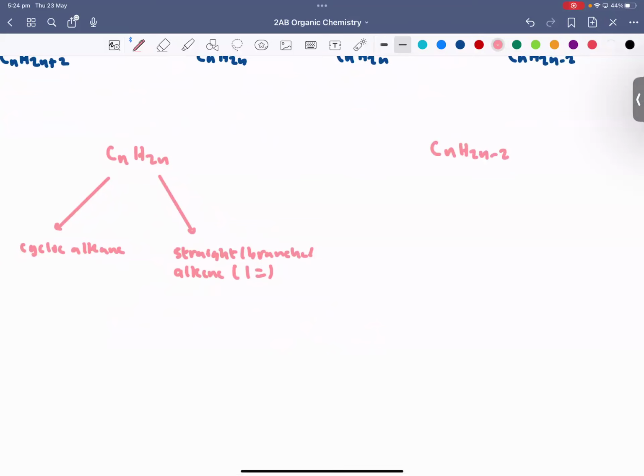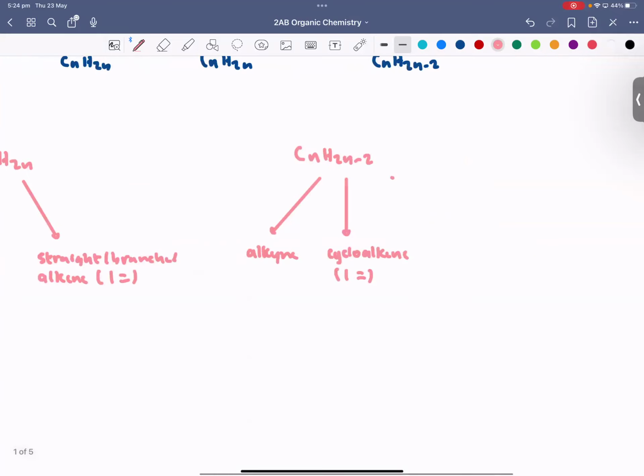So what if someone told you that something is CnH2n-2? What could that be? It could be an alkyne. Yes. What else could it be really? It could be a cycloalkene, but one double bond only.